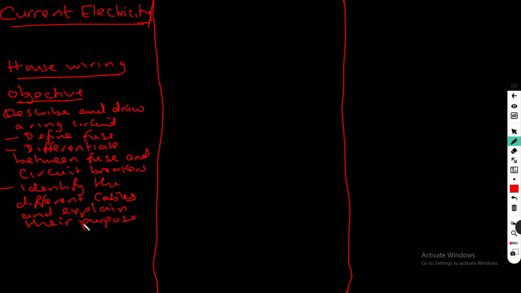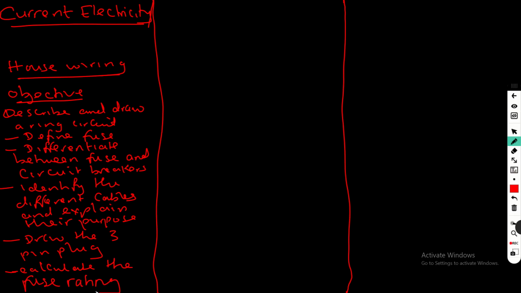You should be able to draw the 3-pin plug and to calculate the fuse rating.